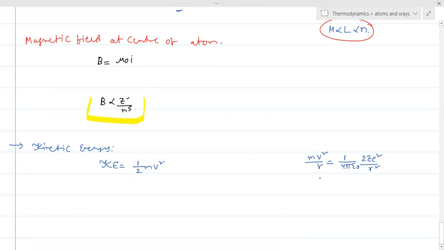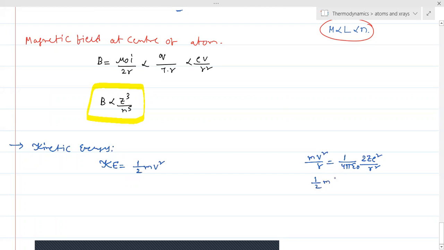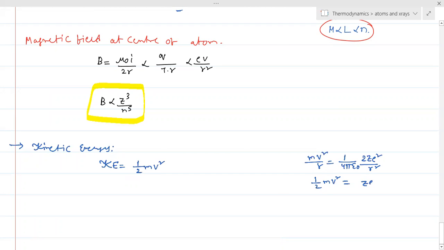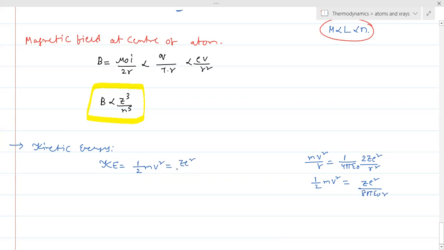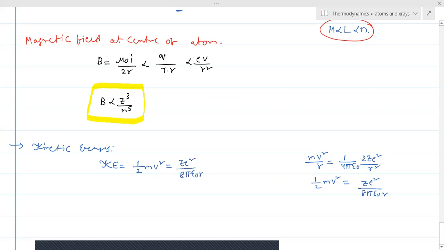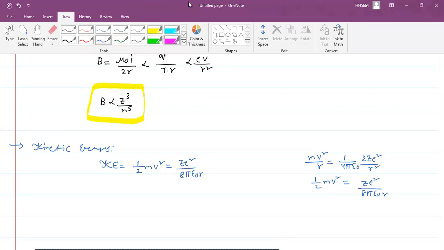Bringing that to the right side, half mv square equals Z e square by 8 pi epsilon naught r. So simply with the help of that equation, we can easily remember kinetic energy equals Z e square by 8 pi epsilon naught r.